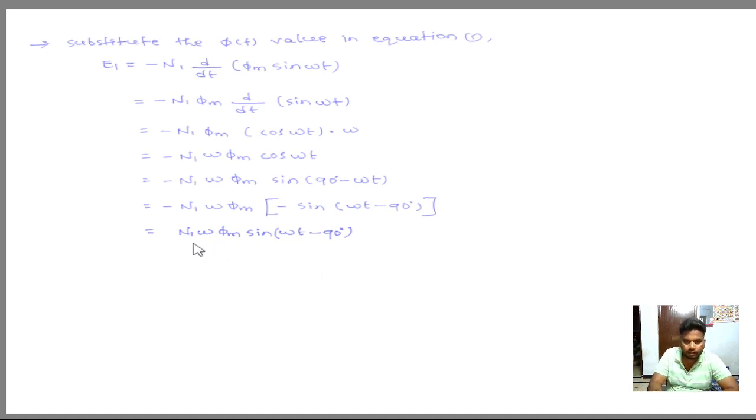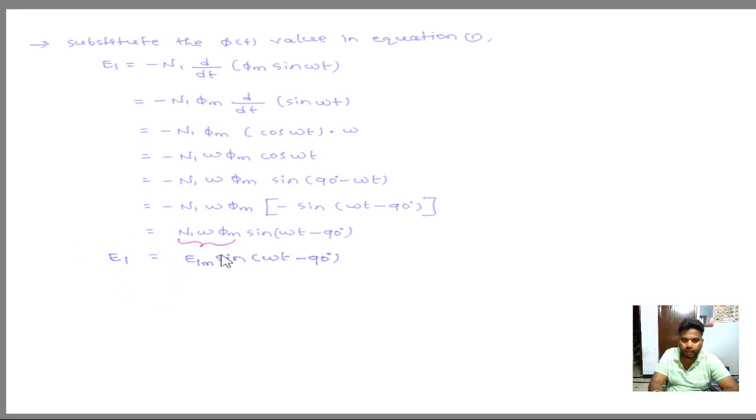I am writing this N1 omega phi m as E1m. E1m means the maximum value of self-induced EMF, times sine of omega t minus 90 degrees.